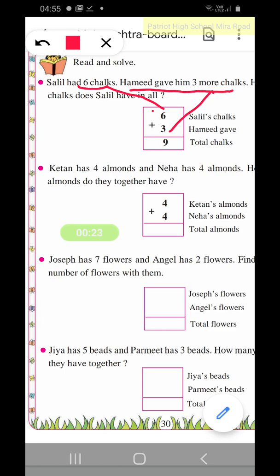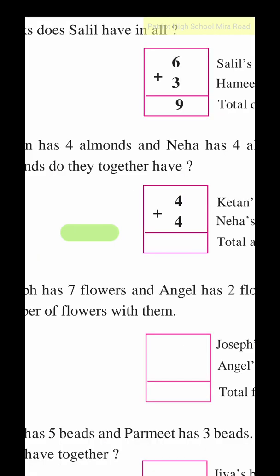So total how many chalks? We can write over here like this. Salil's chalks. Let us draw Salil's chalks. 1, 2, 3, 4, 5, 6. Hamid's chalks. 1, 2, 3.